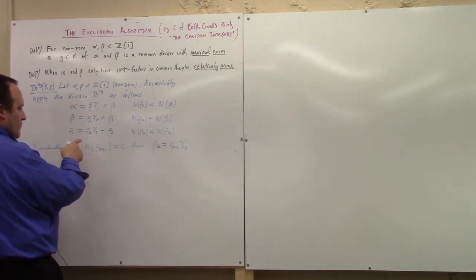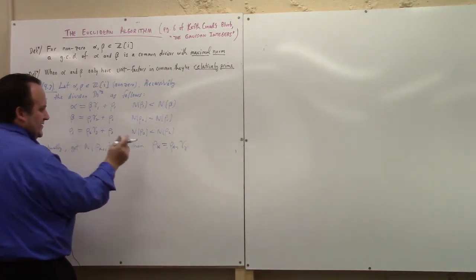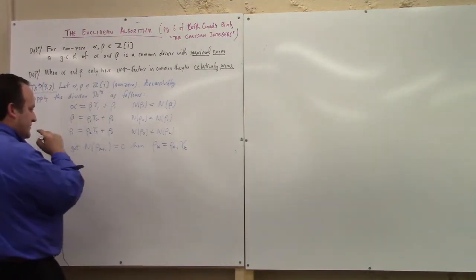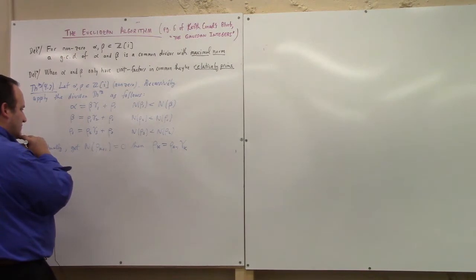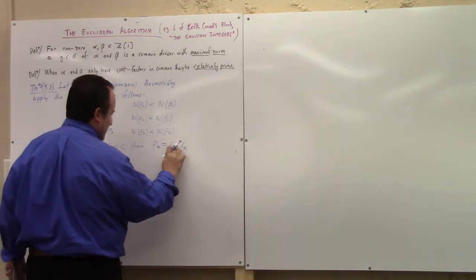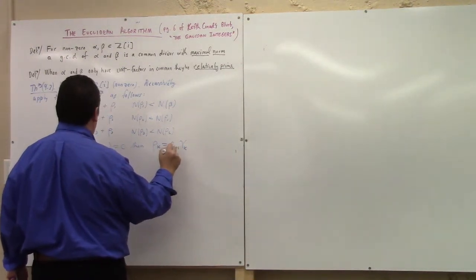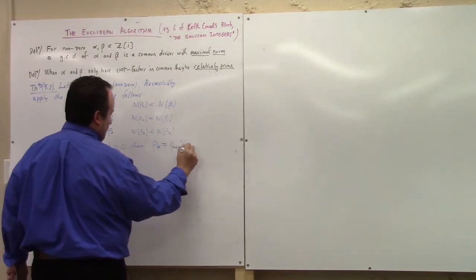Gamma sub k, I think. Oh, I'm sorry, it should be k plus 1 here. K plus 2, yeah, there we go, that's better.